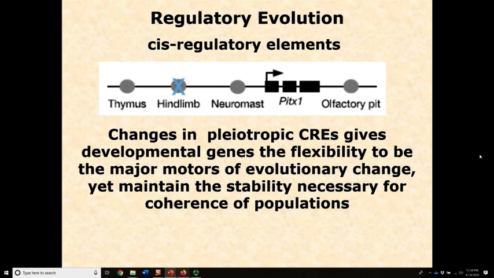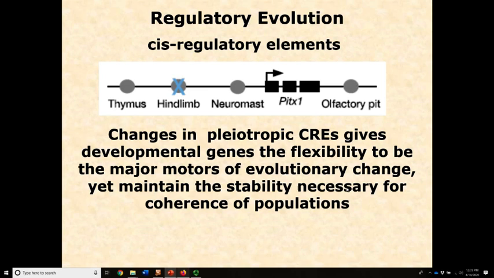Okay, but here is our working hypothesis, or I should basically call this the modified hypothesis, once we begin to look at and evaluate all of these developmental genes and their regulatory changes. So changes in pleiotropic cis-regulatory elements give developmental genes the flexibility to be the major motors of evolutionary change. Now, they're not the only cause, but the major cause.